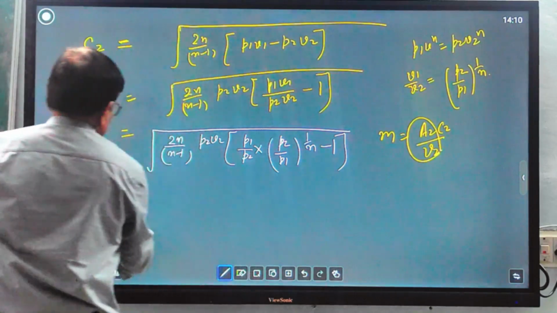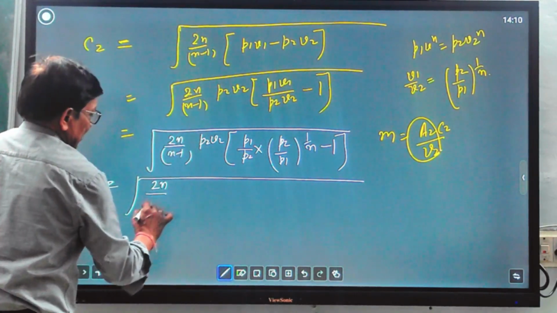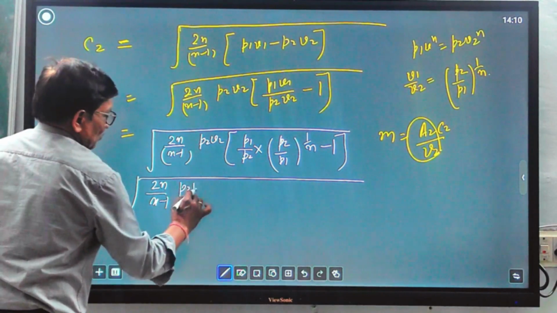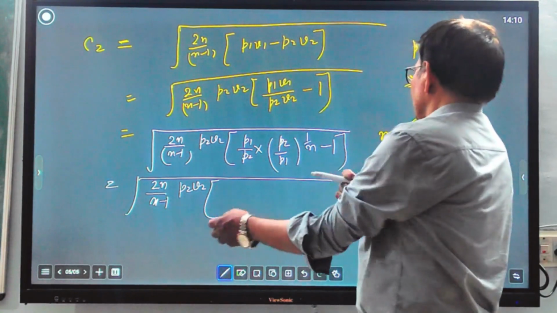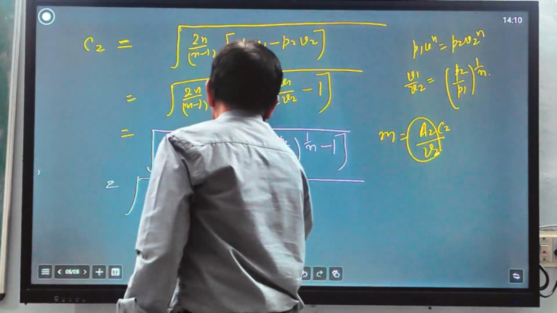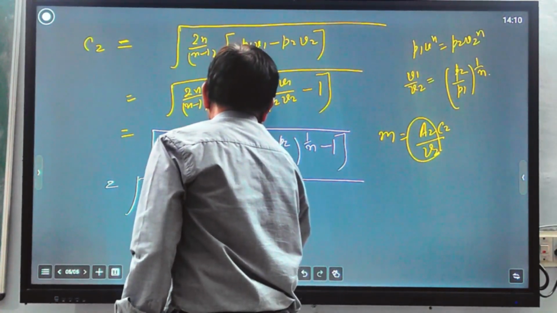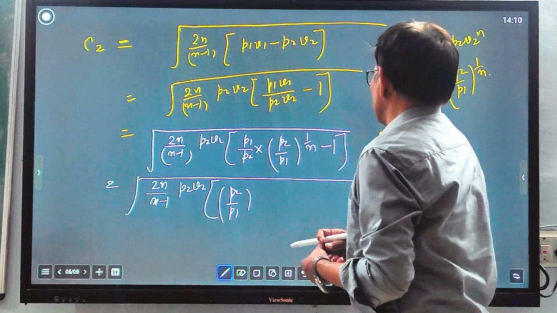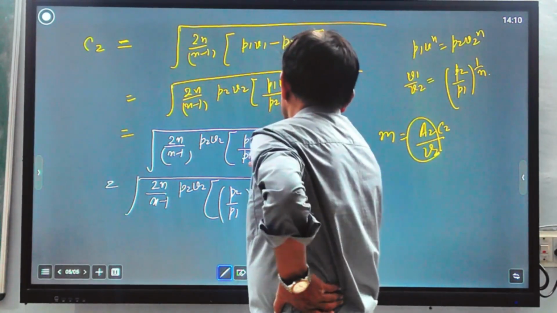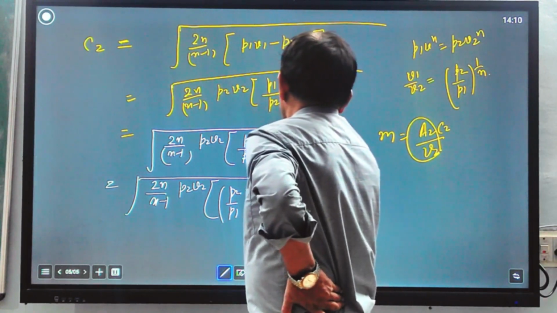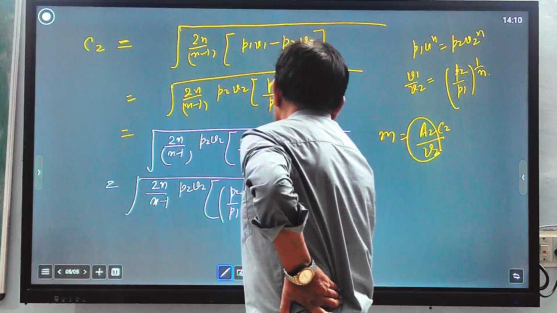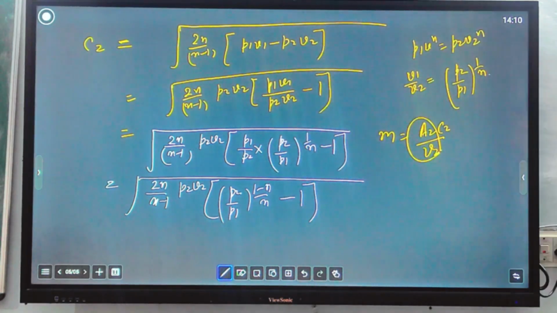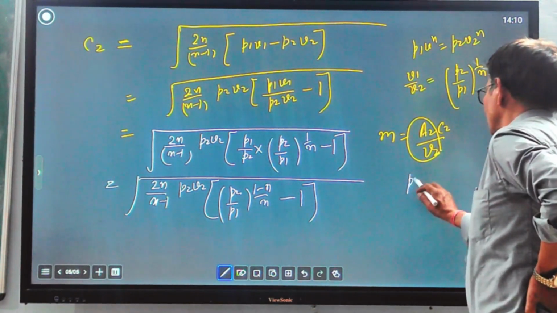Simplifying this one, we will get 2n upon n minus 1 P2 V2 in bracket, 1 minus P2 upon P1 to the power of n minus 1 upon n. This is the equation.